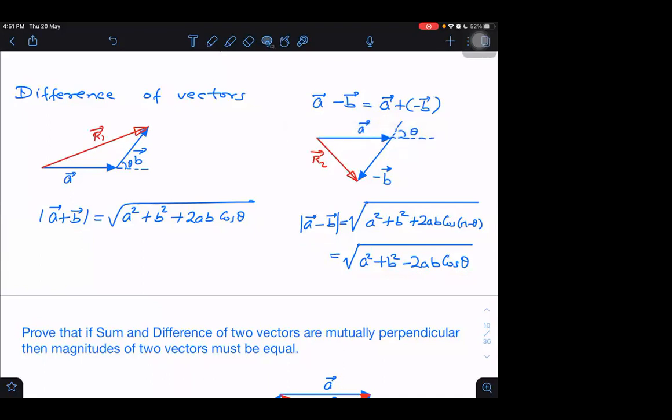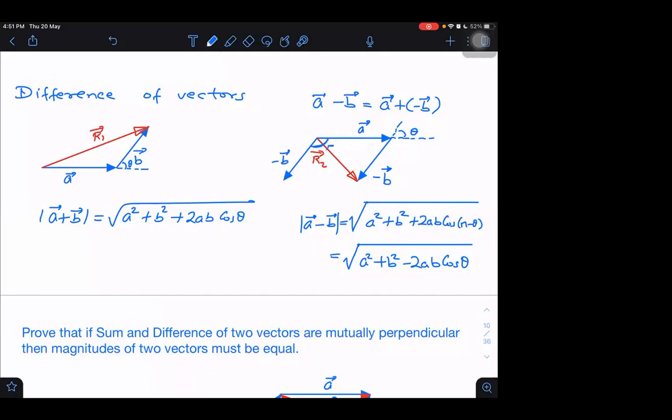Let me again tell you, some students have this confusion that because b is negative, therefore we are getting negative here. No, we are not getting negative because b is negative. These are all magnitudes. We are getting negative because of the angle. What is the angle between vector a and vector minus b? Observe this angle here.